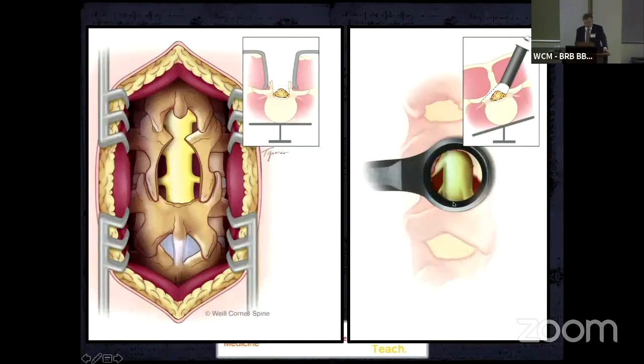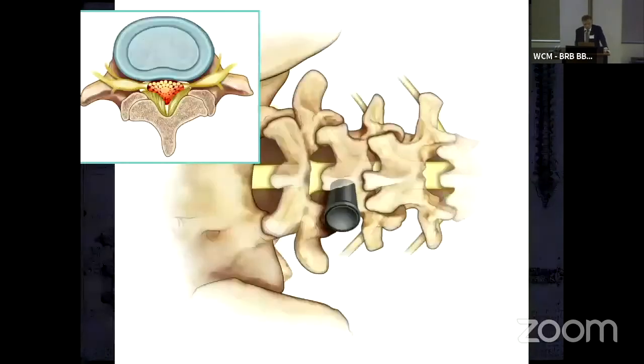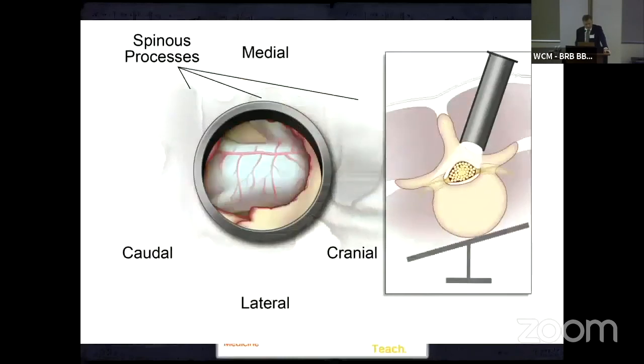Some of you may still wonder how that is really possible, but I can guarantee you that you can get the same or better decompression with tubular surgery and probably with the endoscope as well. We'll go through this a bit later.